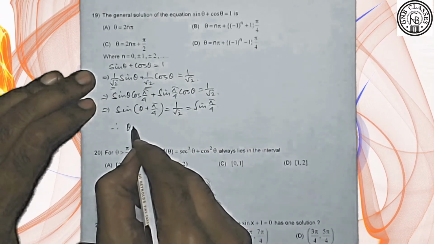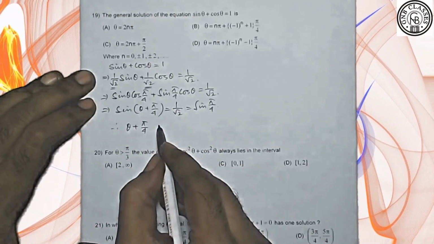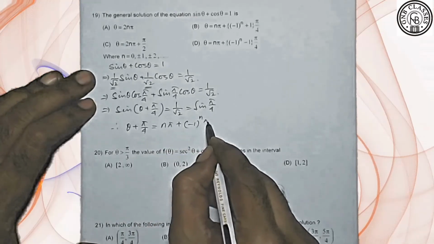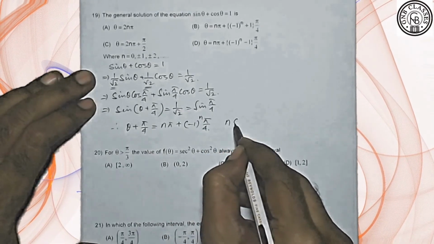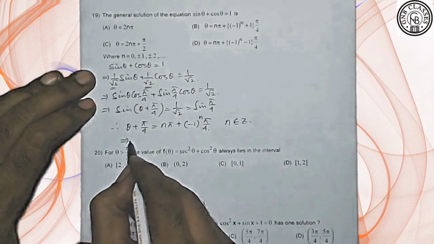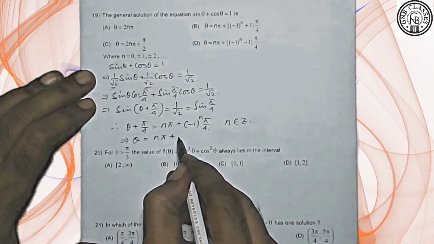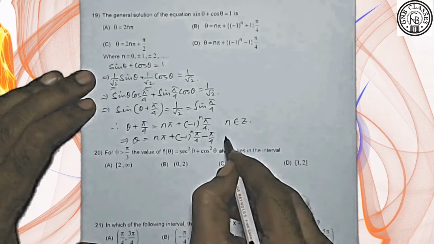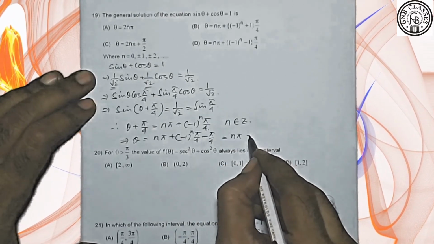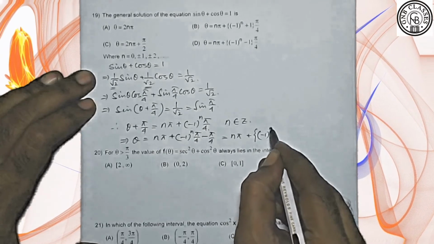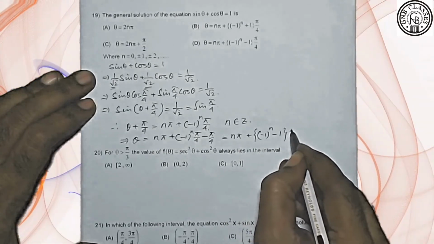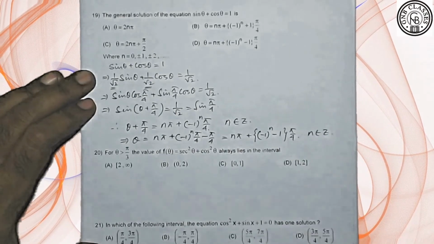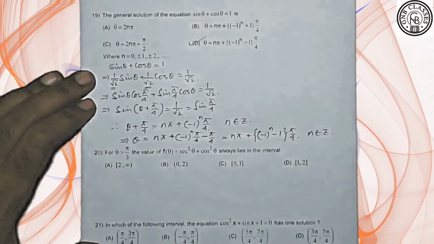Therefore, the general solution, in this case it is theta plus pi by 4, which is n pi plus minus 1 whole to the power n alpha, where n belongs to any integer. That implies theta is n pi plus minus 1 whole to the power n pi by 4 minus pi by 4. So we can rearrange it like minus 1 whole to the power n minus 1 pi by 4. Is it clear? Where n belongs to any integer. Hence option D is correct. Is it clear?